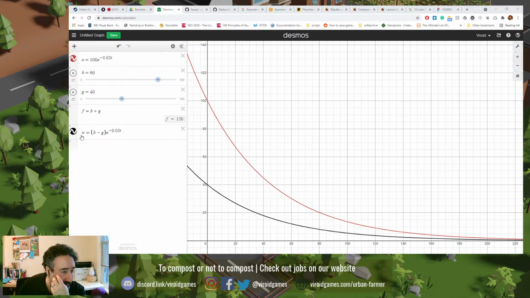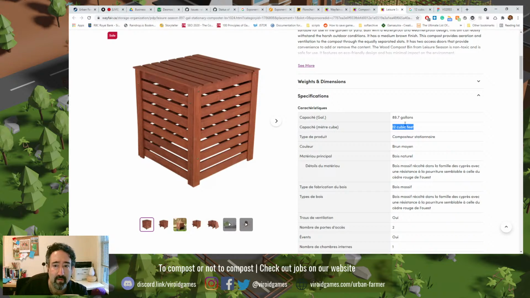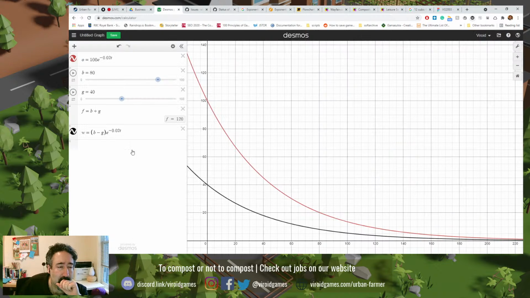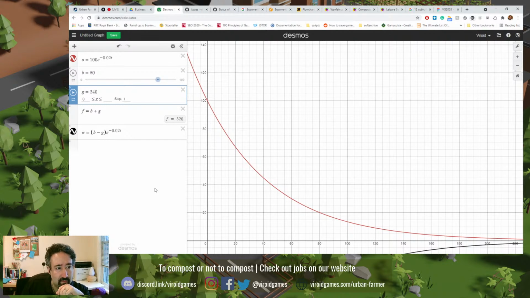But let's also keep in mind that the maximum can be 340 in this imaginary unit, because here's the problem with this equation. Let's imagine this person added 240 liters of green material. I think my equation is wrong.